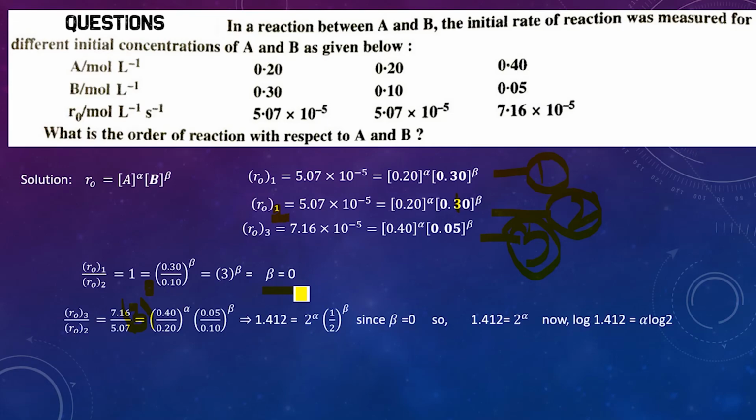It is 7.16 upon 5.06, this 5 will be cancelled out, and then 0.40 upon 0.20 power alpha, then 0.05 upon 0.10 power beta. If you solve this, it is 1.412, and this will be 2 power alpha, and this will be 1 by 2 power beta, isn't it? Since beta is 0, this whole part is 1.